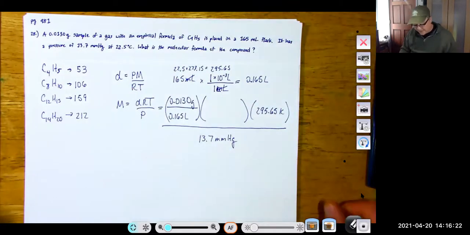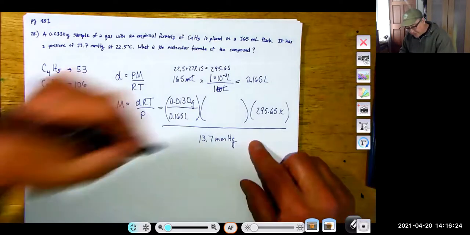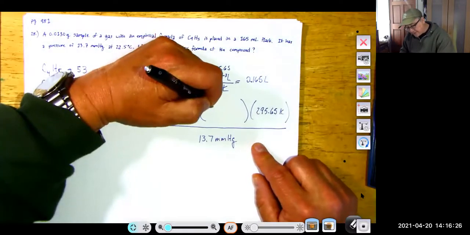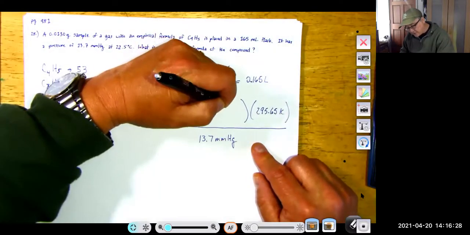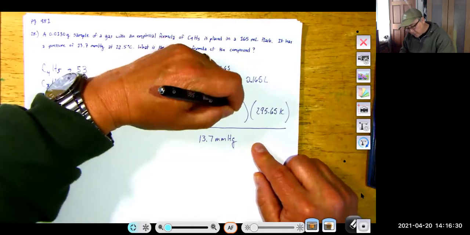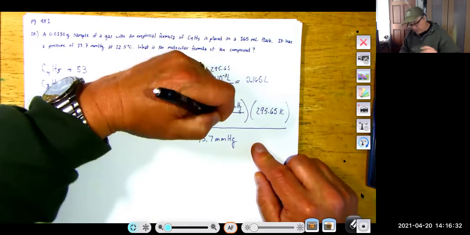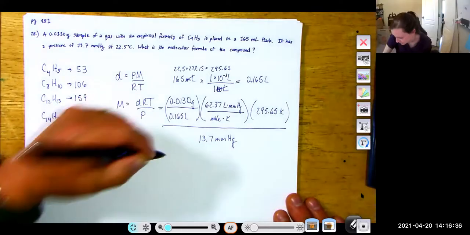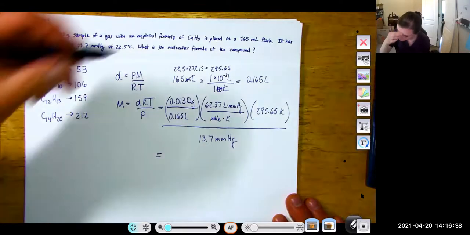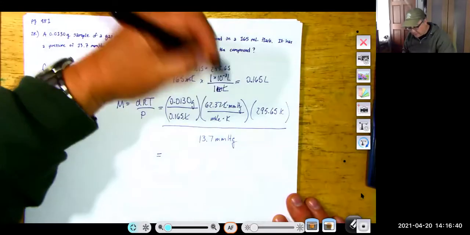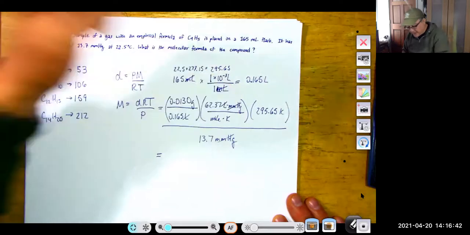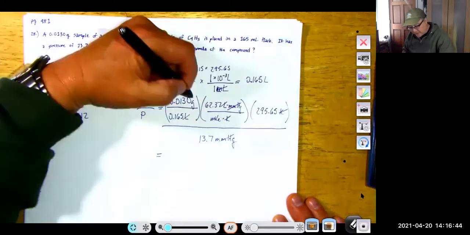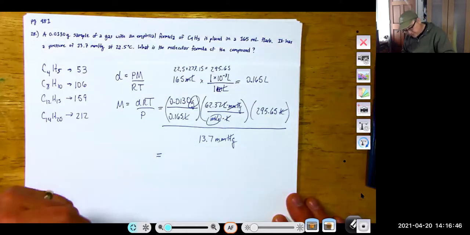This is a lot less than that. So I think I want to use 62.37 millimeters of mercury per mole per K in this problem. Does that sound about right? Yeah. Okay. Liters cancel. Millimeters of mercury cancel. K cancels. Grams and moles did not cancel.